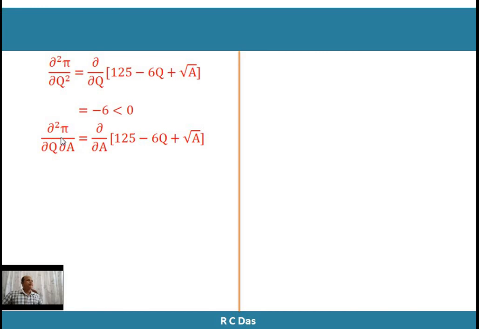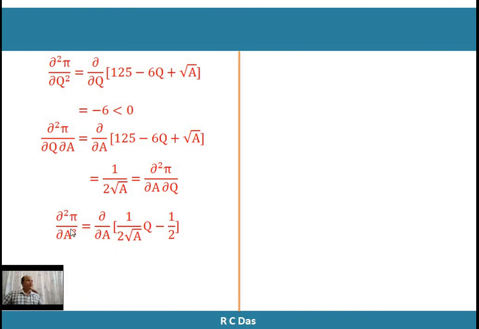Next, del square pi by del q del a: del by del q of the already derived value, that is 125 minus 6q plus root a. So the derivative value with respect to a is 1 by twice root a, and that is also equal to del square pi by del a del q.